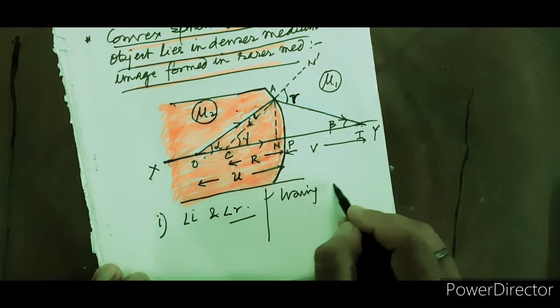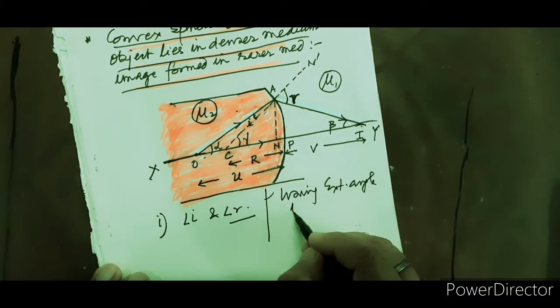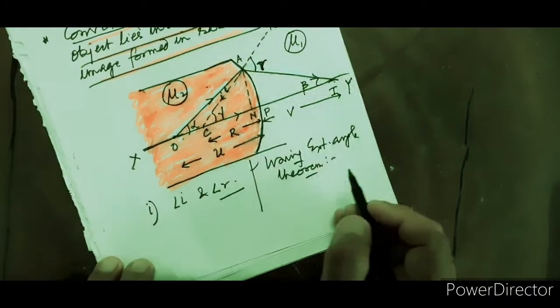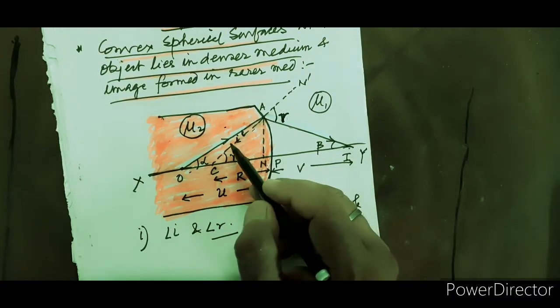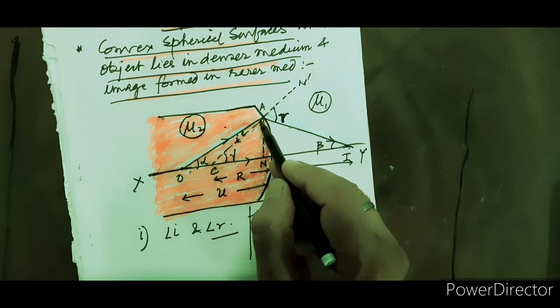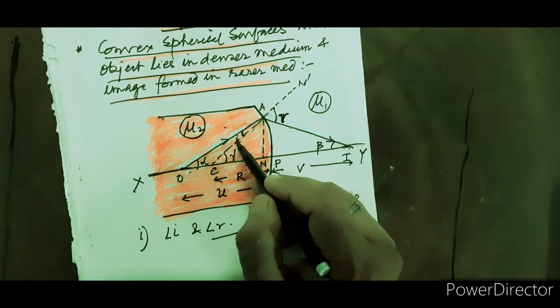Using the exterior angle theorem, just see, in the triangle, we have to find I. If we take the triangle AOC, then here the I is there.